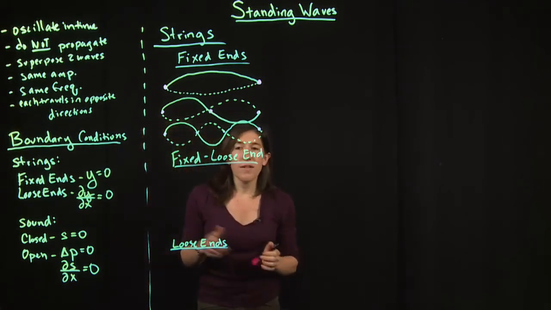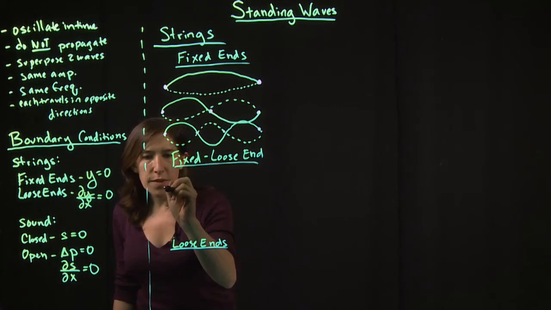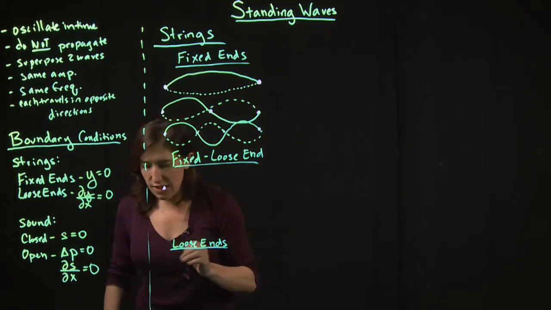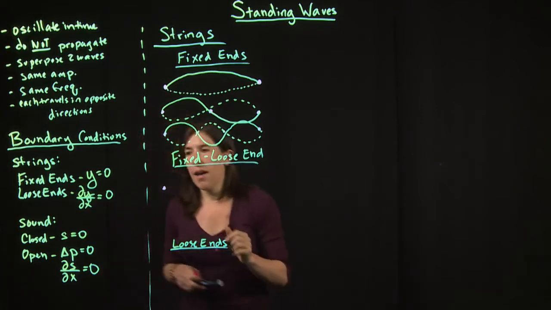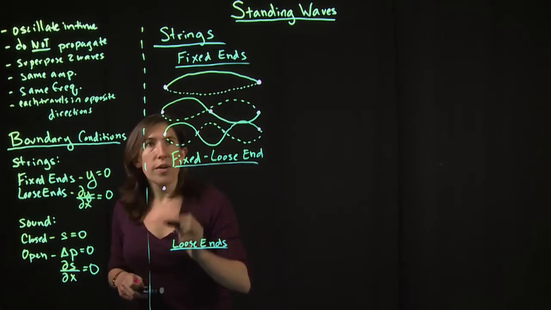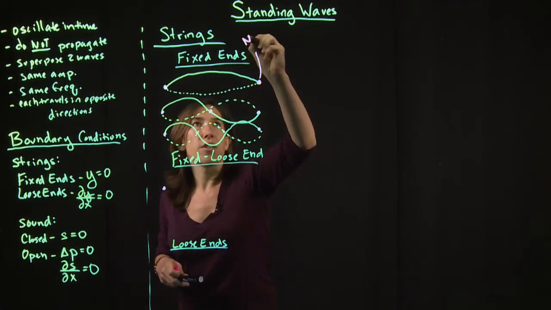So next, if we have one fixed and one loose end, then again, maybe I'll only draw two examples in this case since I was clearly running out of room. We're going to have a node at one end. So again, I should add these little pink dots are called nodes.